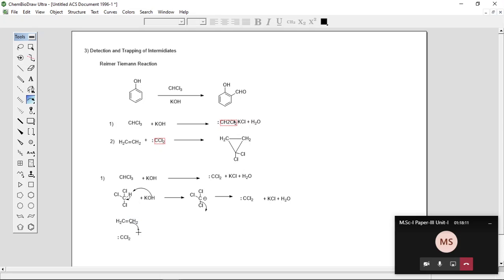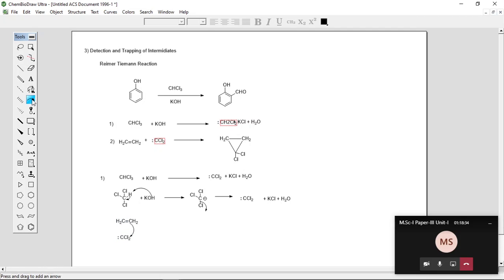The double bond will attack this carbene, so on this carbon there is generation of a positive charge. Then the electrons form a bond with this carbon.